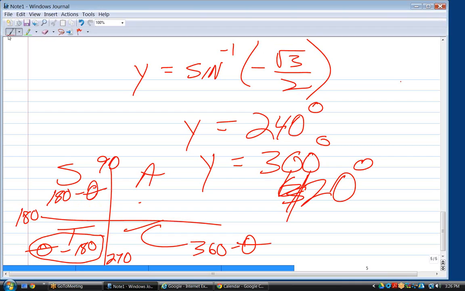Your calculator always gives you the principal quadrant. For sine and tangent, the principal quadrants are first and fourth. For cosine, the principal quadrants are first and second. So if you have an inverse cosine angle with a negative value, you're going to end up in the second quadrant. All right.